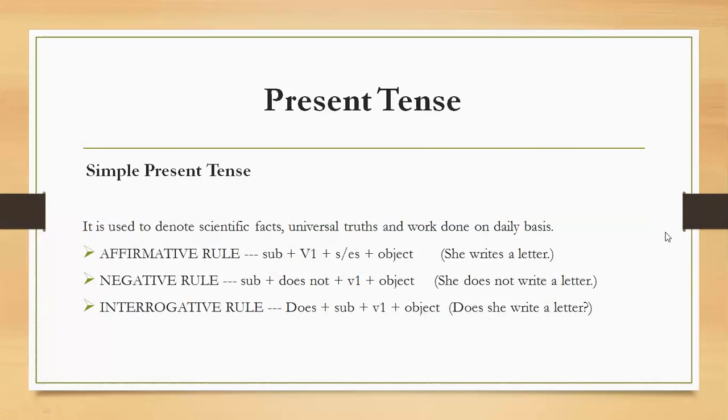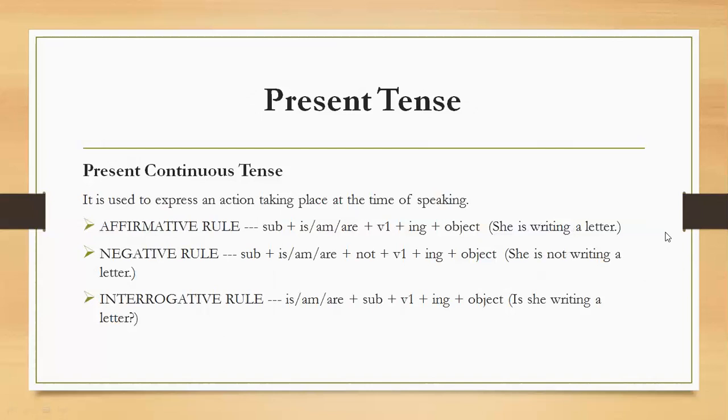So we move on to the next type of present tense, that is present continuous tense. It indicates an action that is continuing at the present. One of the notable things is that in present continuous tense, the verb is always in the ing form.